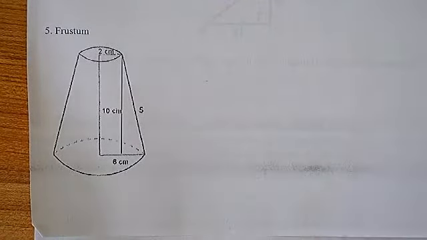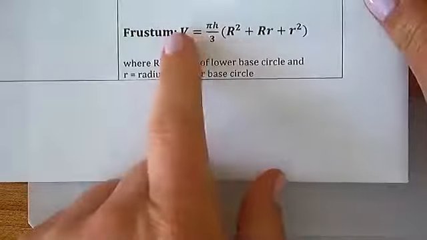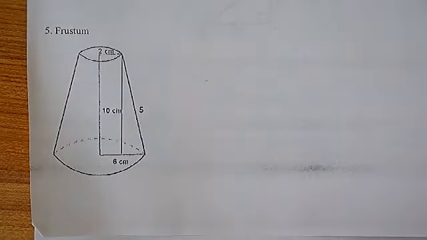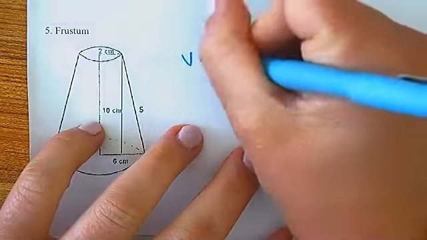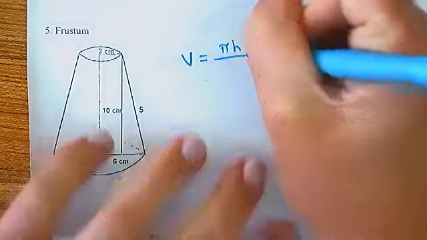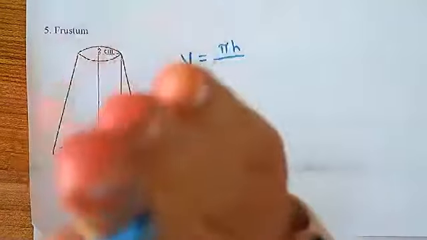That's probably the closest real-life frustum that you see. I'm going to rewrite the formula for us, which is on that resource page. So the formula for a frustum is pi times height. That's the height of the frustum, so how tall is it?